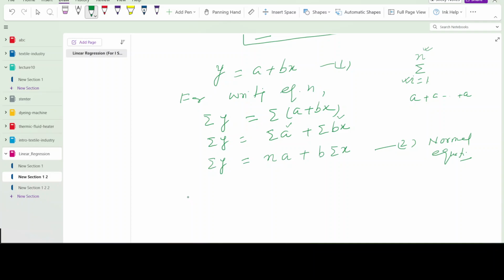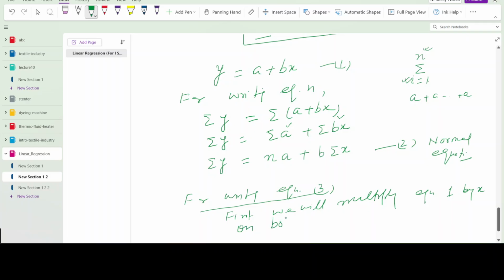And now, for writing equation 3, what will we have to do? First, we will multiply equation 1 by x on both sides.